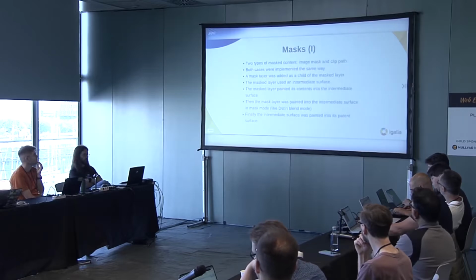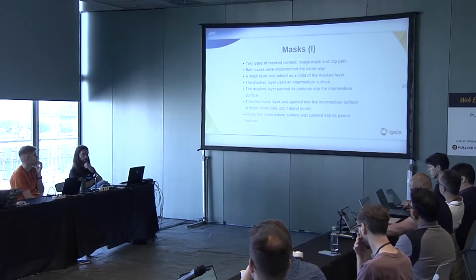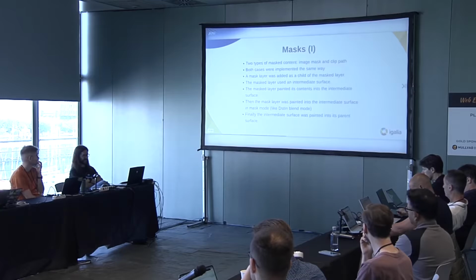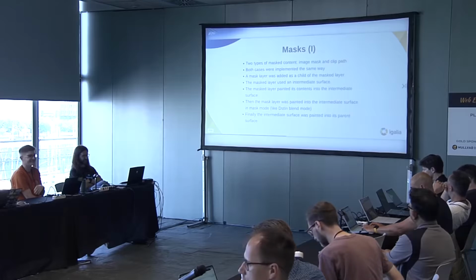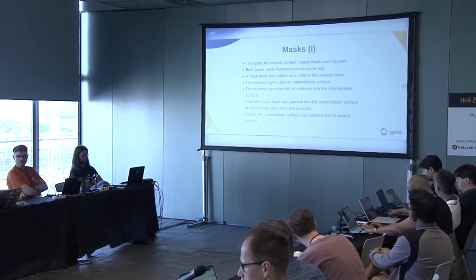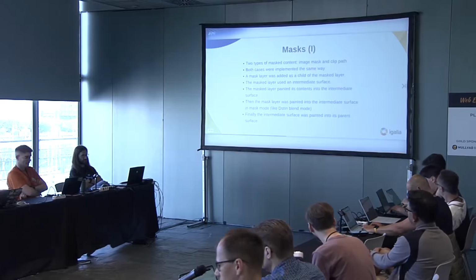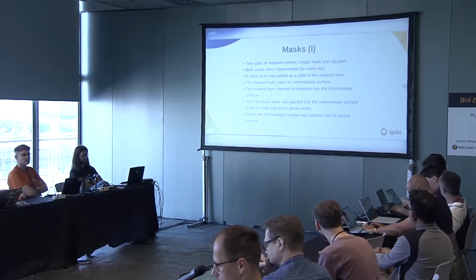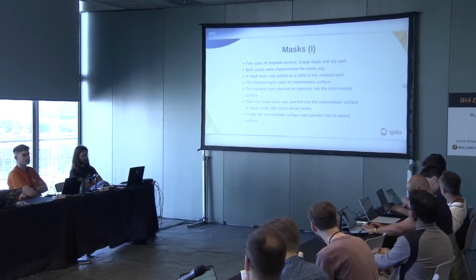Yeah, same applies to masks. There are actually two types of masked content. One is the image mask, where we are using basically an image to decide where parts of the layer contents are going to be painted or not, and also the clip path, which is basically a random shape geometry path. In both cases, we were implementing it the same way in TextureMapper.